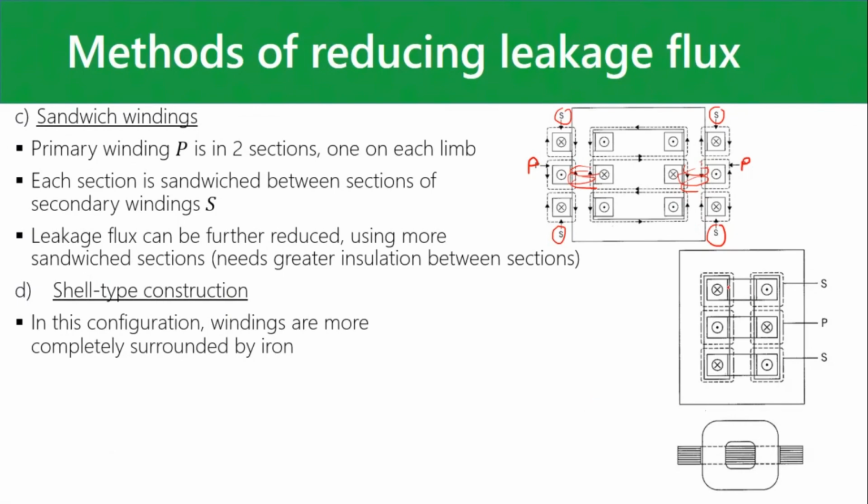Instead of that square, you've got something with a pillar in the middle, and then you wind these around that pillar. So here's your primary windings, and they get sandwiched between the secondary windings, and they wind around this pillar. There's not very much room for this flux to escape, to put it in simple terms.